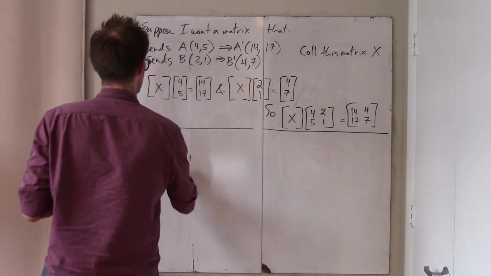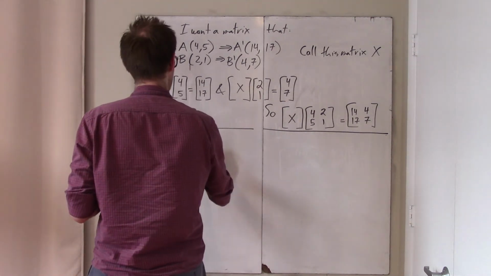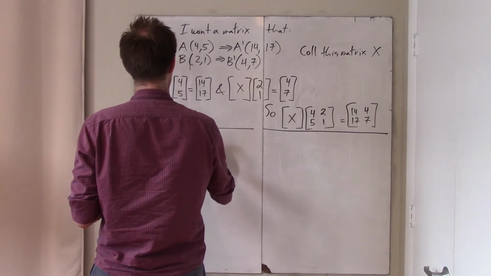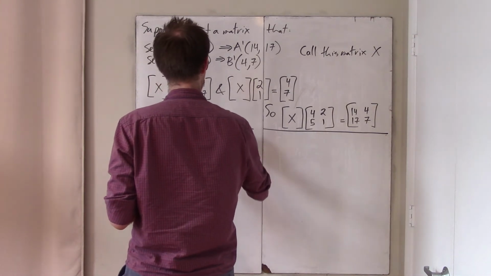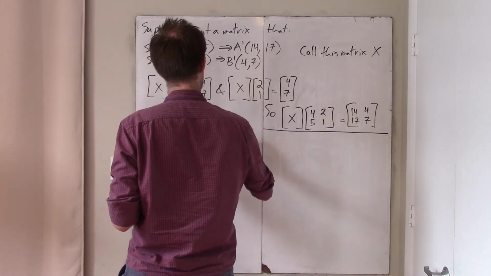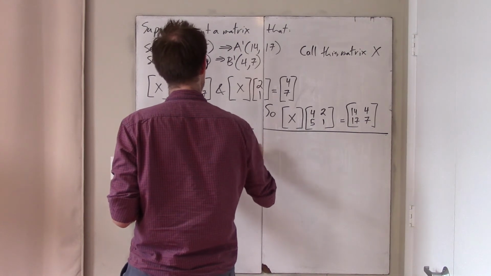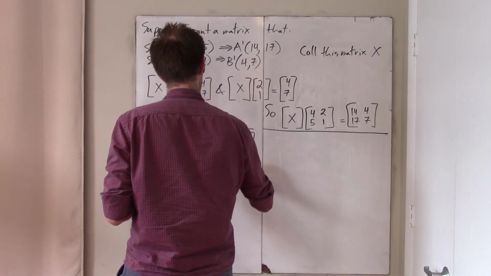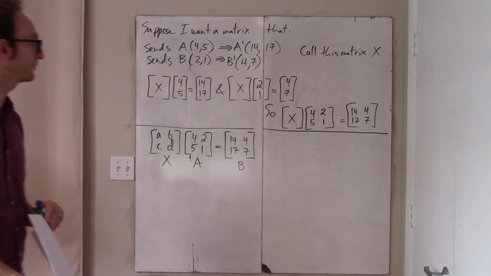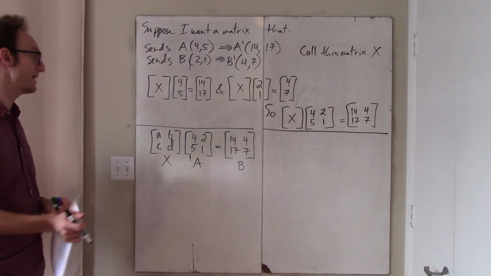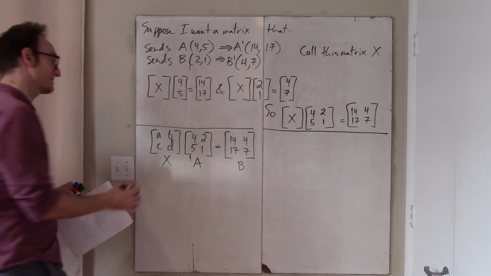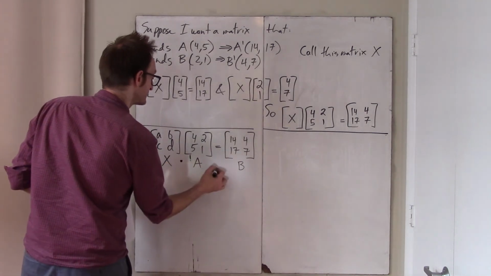I'm calling it matrix X, and I want to multiply it by this matrix 4, 5, 2, 1, which I'll call A, and I want to get back this matrix 14, 17, 4, 7. Let's call this matrix B. In other words, I've converted this problem of finding the transformation matrix to this matrix equation, X times A equals B.